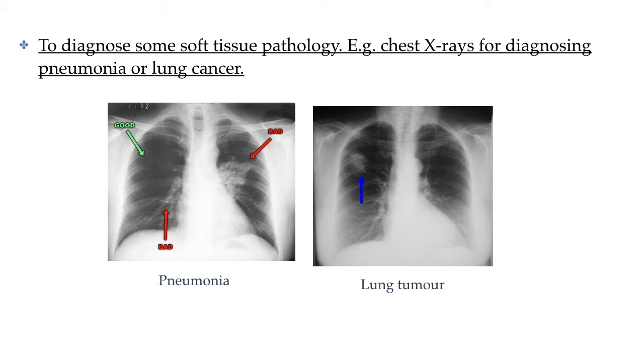And the reason for that is because, once again, our lungs are supposed to be filled with air, so therefore healthy lungs would appear completely black on an X-ray. So whenever you see any pieces of white or shadows of white within X-rays of the lung, then that's a problem. That's something that is wrong.